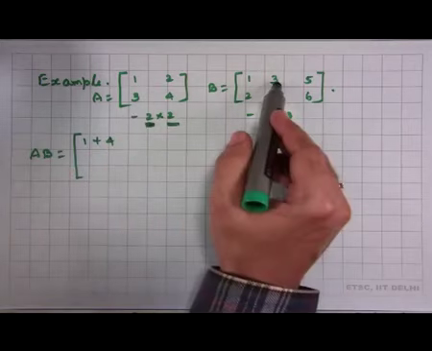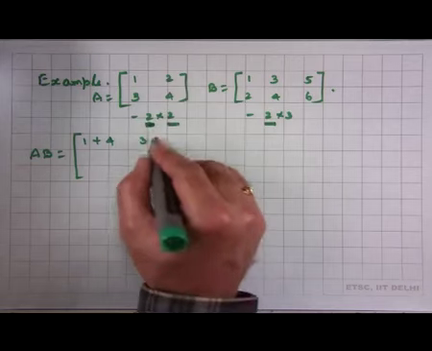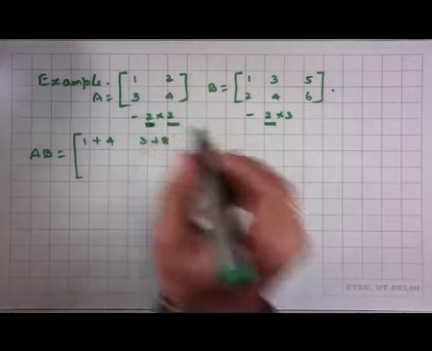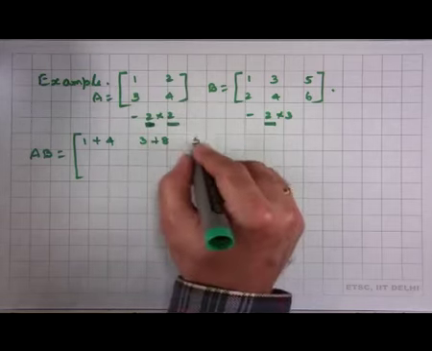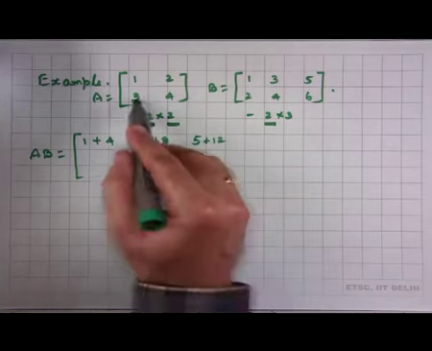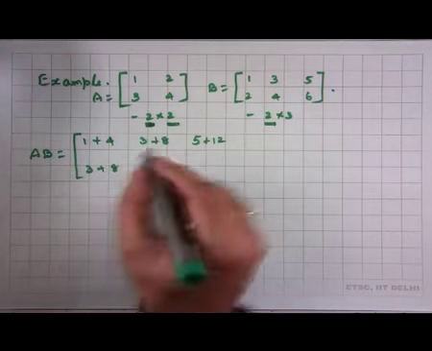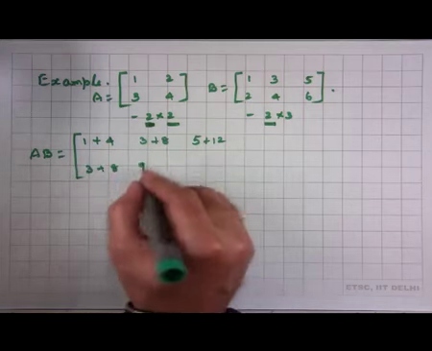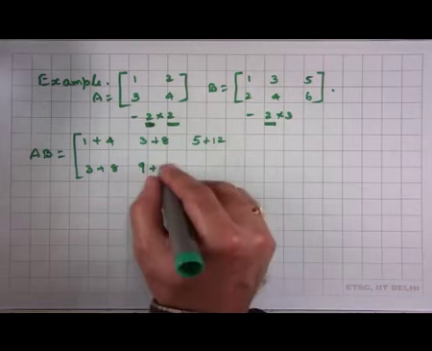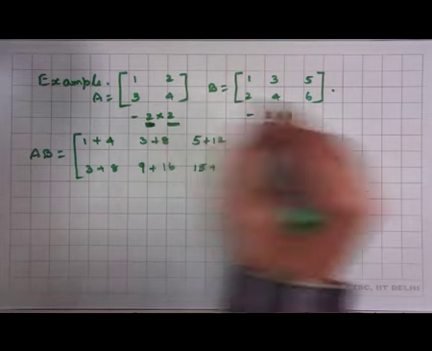Similarly, 1 with 3 plus 2 with 4 which is 11, again 1 with 5 which is 5 plus 2 into 6 which is 12. Second row, 3 into 1 which is 3 plus 4 into 2 which is 8, 3 into 3 which is 9 plus 4 into 4 which is 16, 3 into 5 which is 15 plus 4 into 6 which is 24.